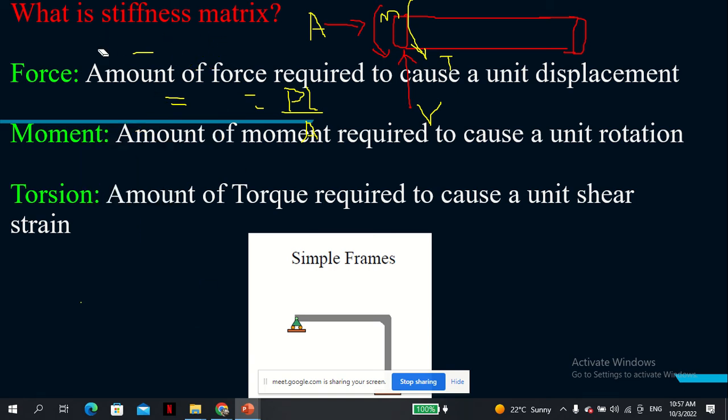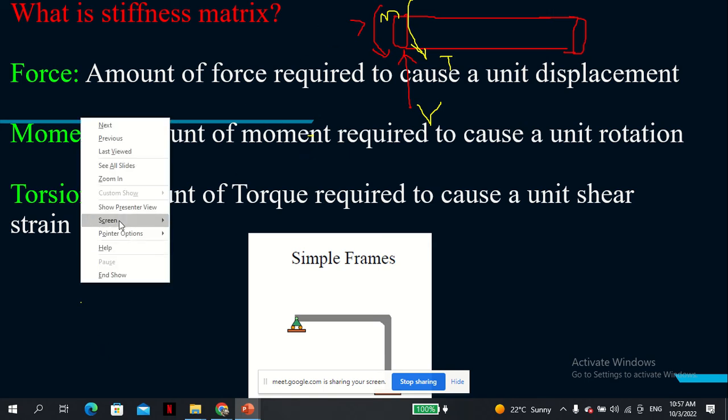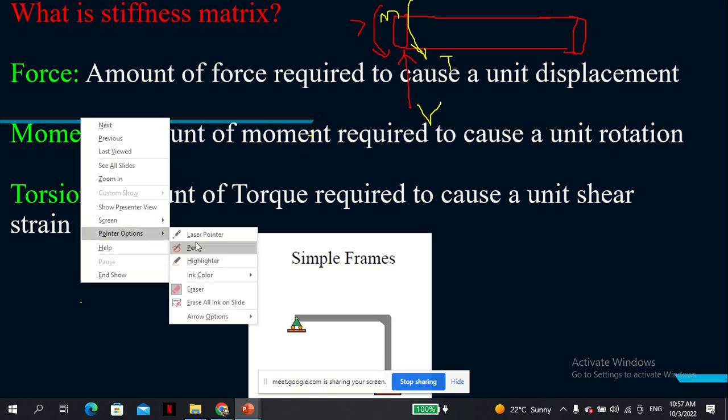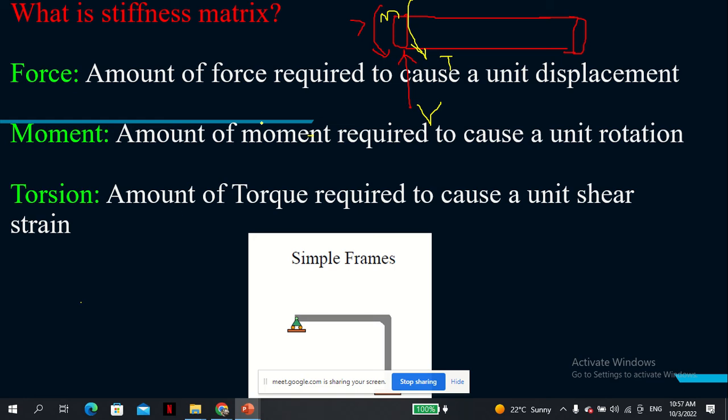So for the axial force, if we can assume a unit force, a force that can cause unit displacement. For the axial direction, the stiffness is the force that can cause a unit displacement in the axial direction.